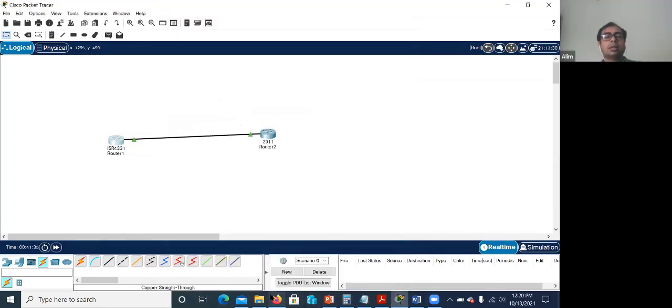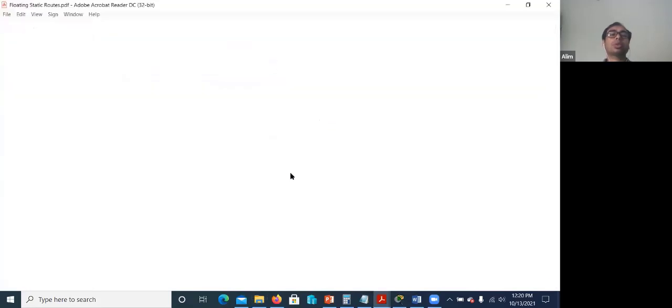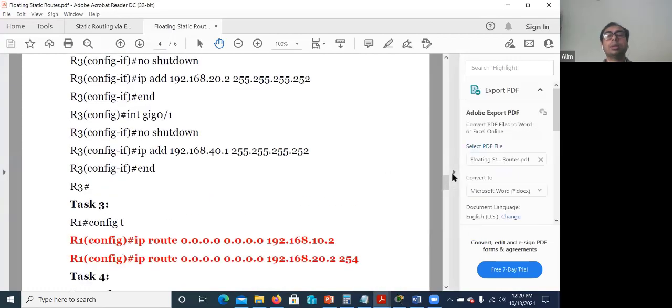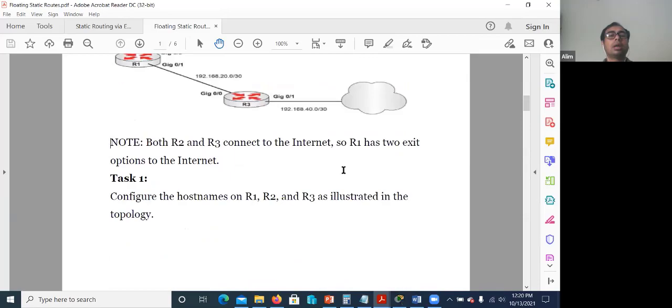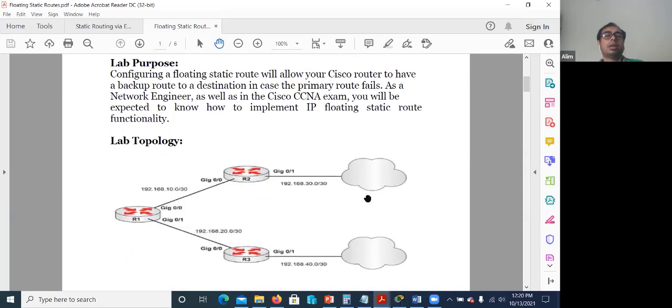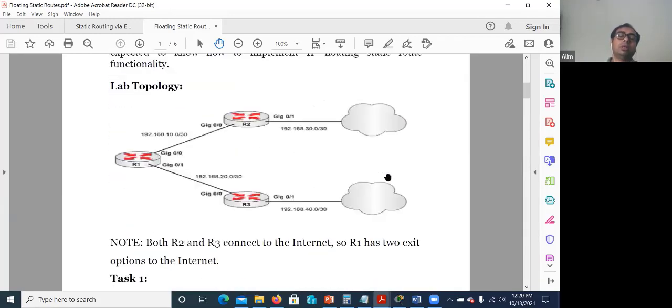Okay, last, an interesting lab I have created for you is floating static routes, which is very important and interesting. That is known as floating static routes. We'll configure it. What is this?